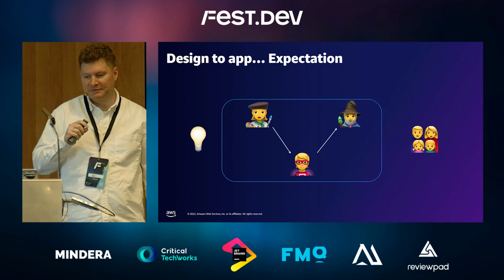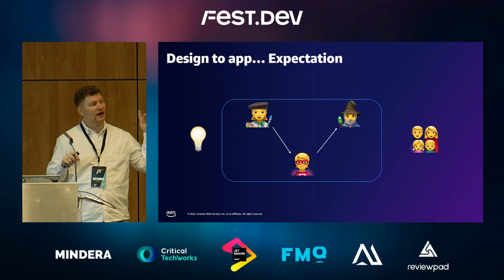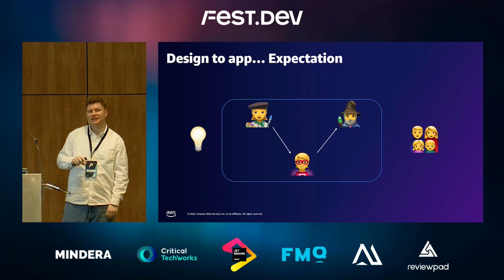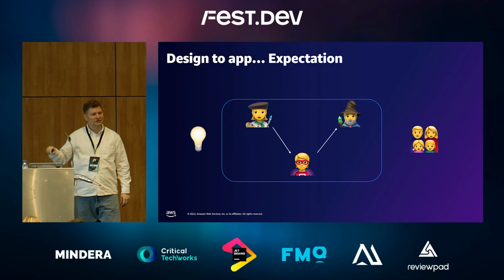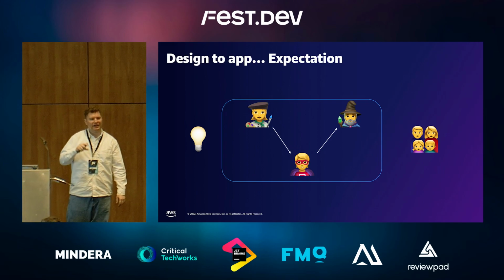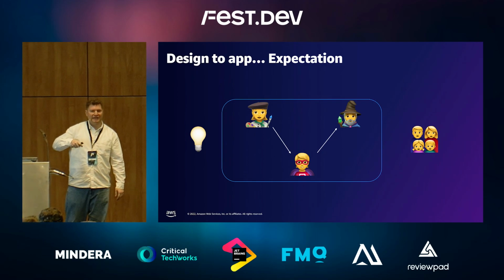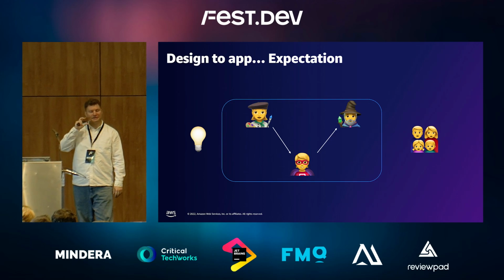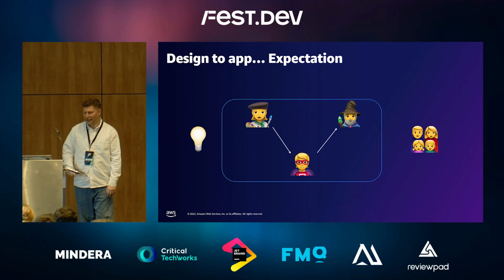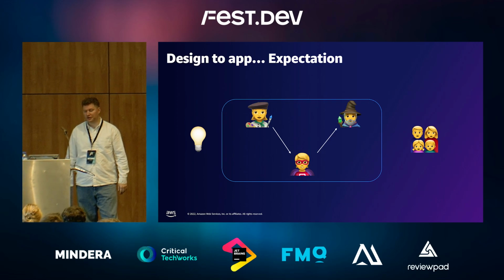And let's imagine the expectation to iterate: we have an idea, we have a designer who designs all this fancy stuff, and iterates with our front-end developer. The front-end developer builds all this fancy UI using React. And after that iterates with the back-end developer to save all this data inside the cloud or database. And we have our happy users who are using our product.